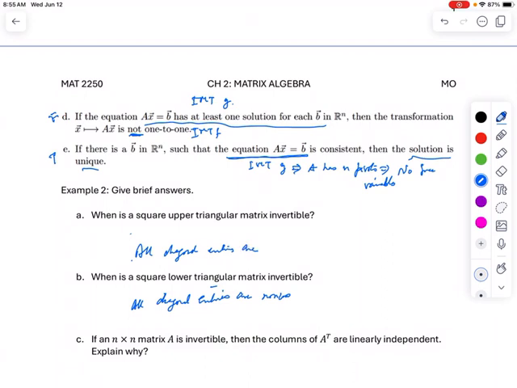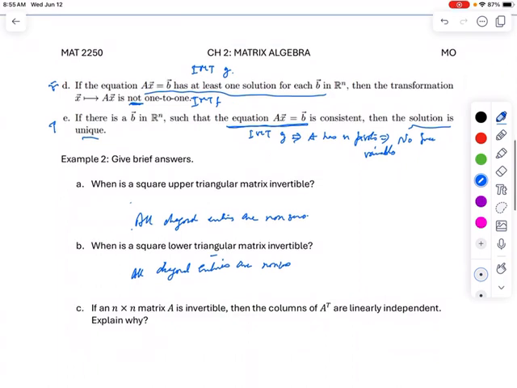Okay, the next one, part C. If an n by n matrix A is invertible, then the columns of A transpose are linearly independent. Explain why. So you can connect this, that A is invertible.